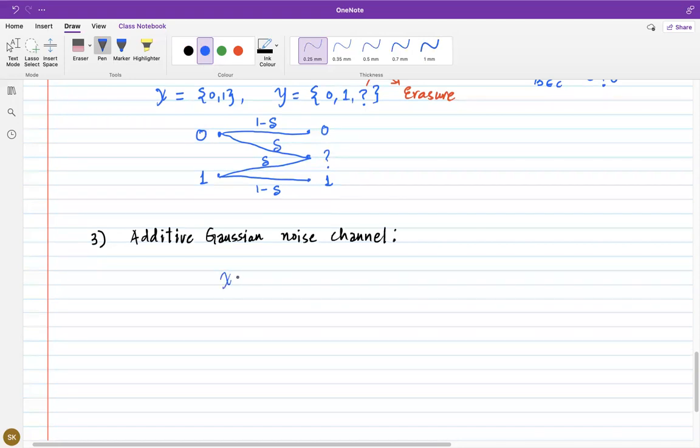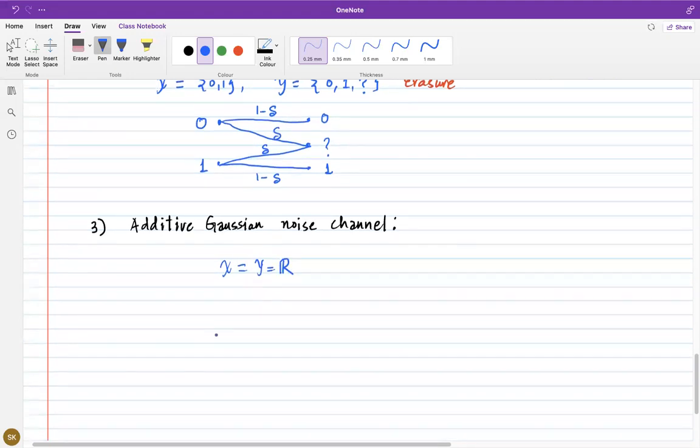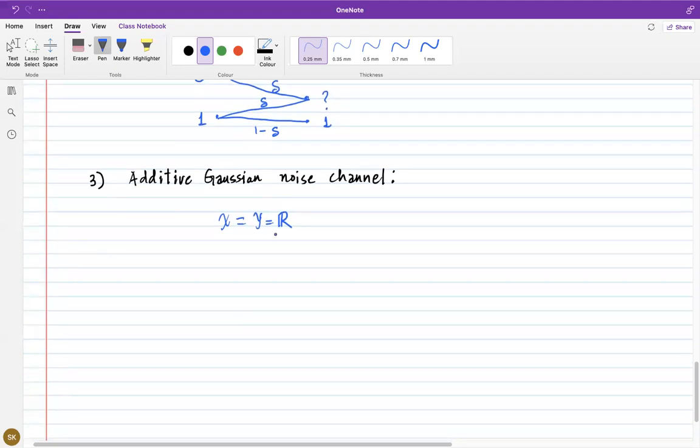So for this case, the output and input alphabets are actually the continuous real number line. Since this output is continuous, it takes values in a continuous set. This y is a continuous random variable, and accordingly, the distribution we can associate with this y is actually the PDF. Okay, not the PMF, like in the discrete cases that we had.